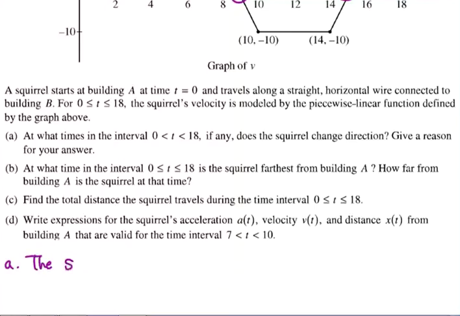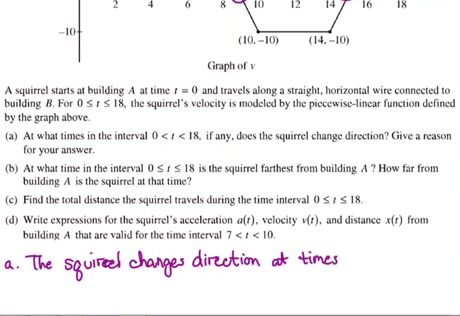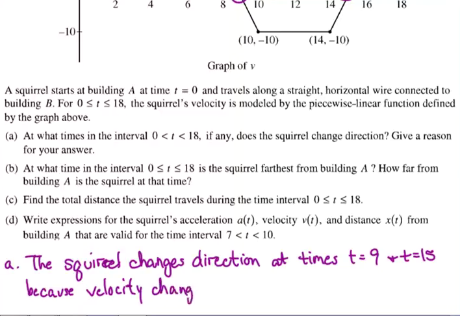The squirrel changes direction at times t equals 9 and t equals 15 because velocity changes signs at those times.